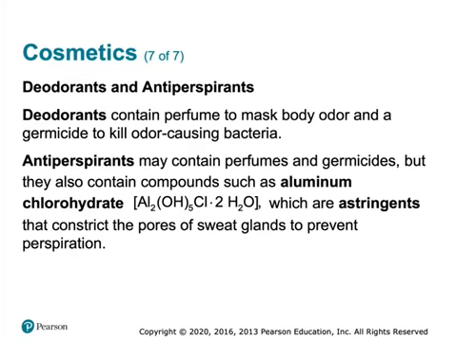Deodorant, antiperspirants. So deodorant just contains smelly stuff and maybe a germicide to kill odor-causing bacteria. Okay, so I should back up. We have two types of sweat glands. We have apocrine and eccrine. Eccrine is what is on most of your body. That produces sweat, which is normally just water, salt, a little bit of urea. Apocrine glands are found in your armpits and your groin.